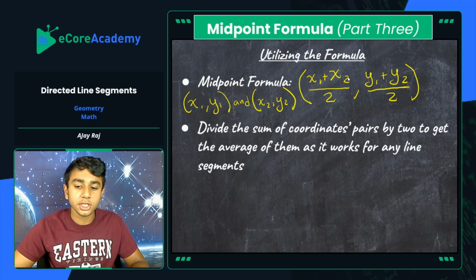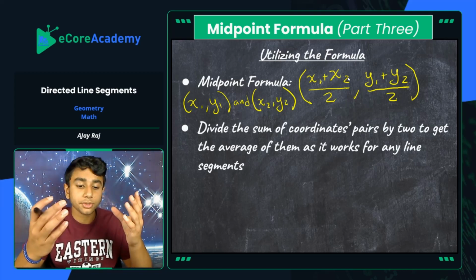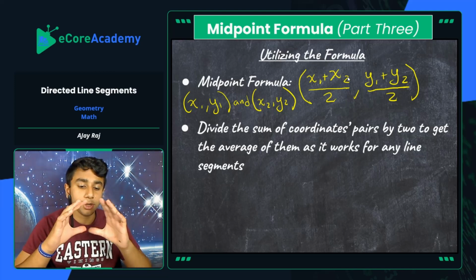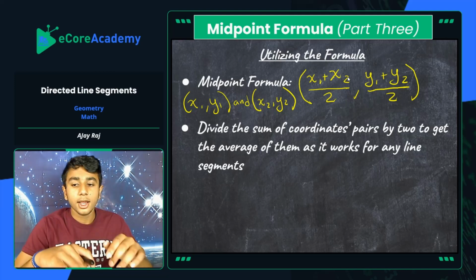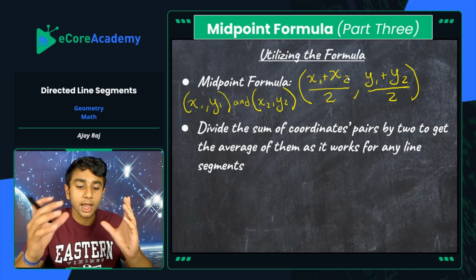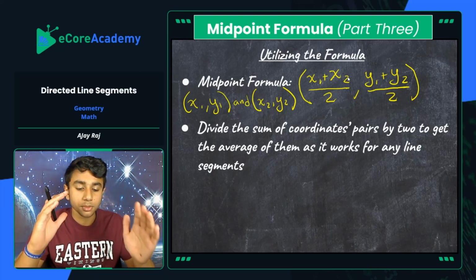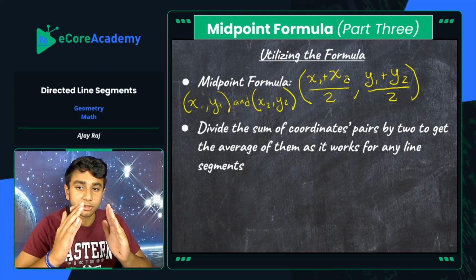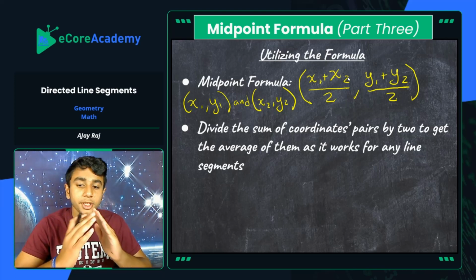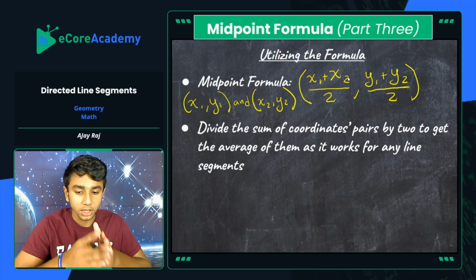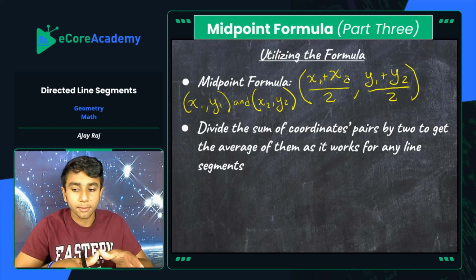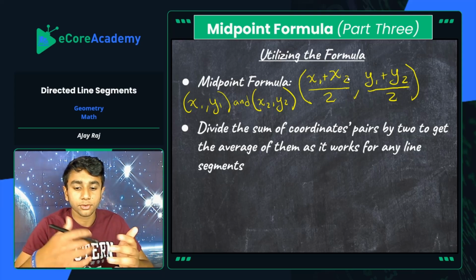You basically divide the sum of the coordinates as pairs. So you add both x coordinates together, divide by 2, and that would be your new x coordinate of the midpoint. And then take both of their y values, add them together, divide them by 2, and that will be your new y coordinate. Those x and y coordinates that you get from this formula will be the location of the midpoint of the line segment. You're just dividing them by 2 to get the average of them, as it works for any line segment.